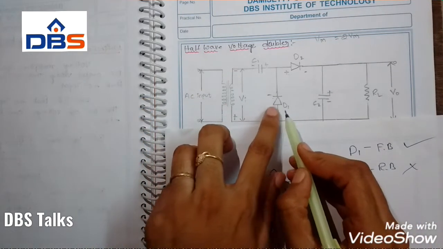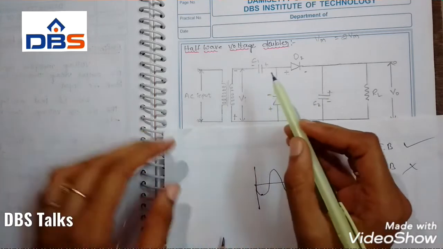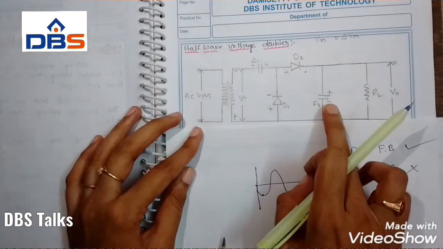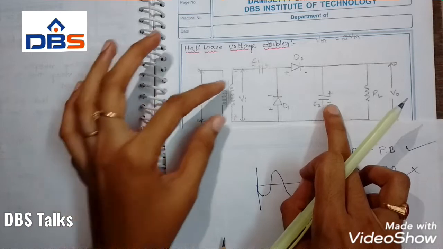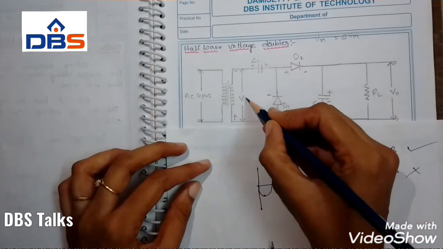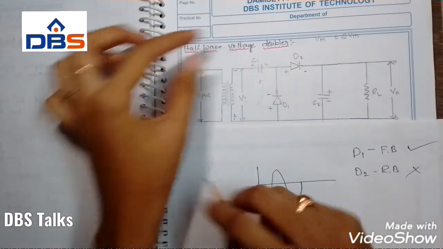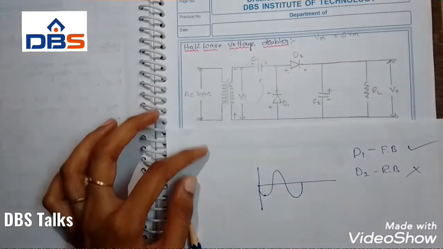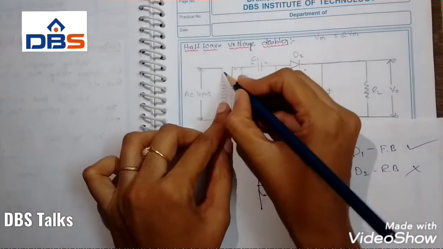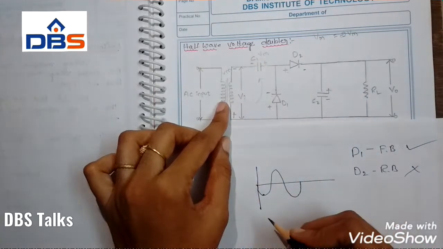So only D1 conducts and capacitor C1 is charged. Initially C1 and C2 are uncharged. When I apply the negative half cycle, the current flows like this and capacitor C1 is charged up to Vm, because the input I am applying is Vm.